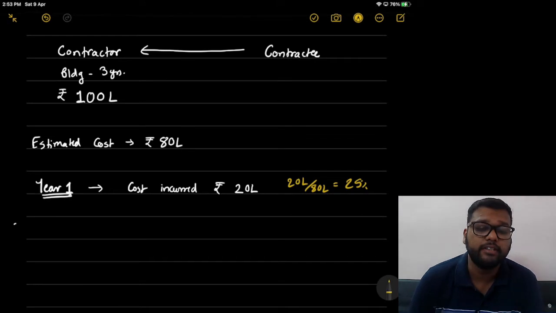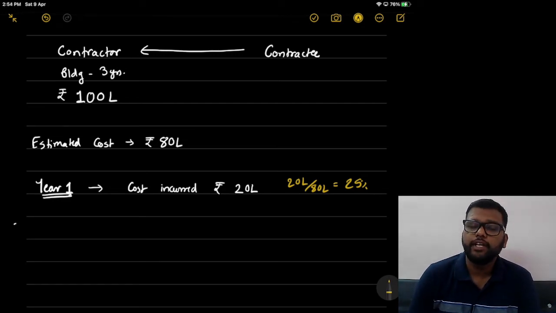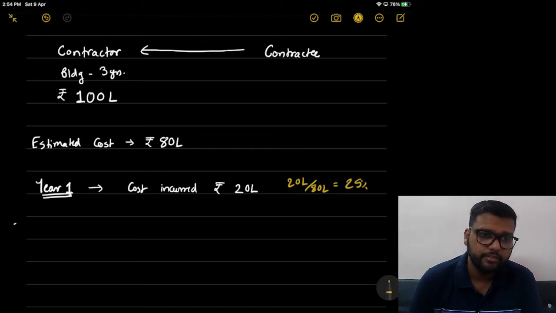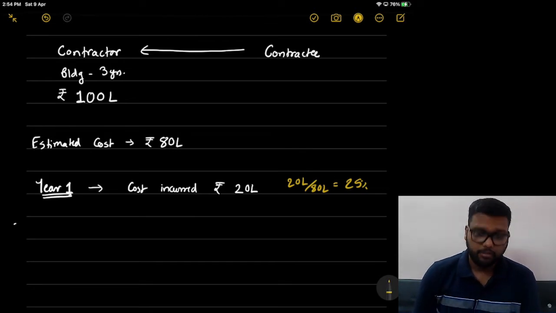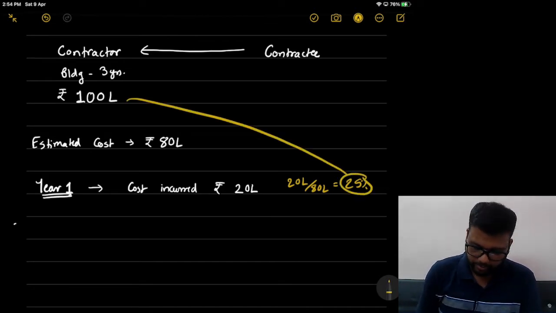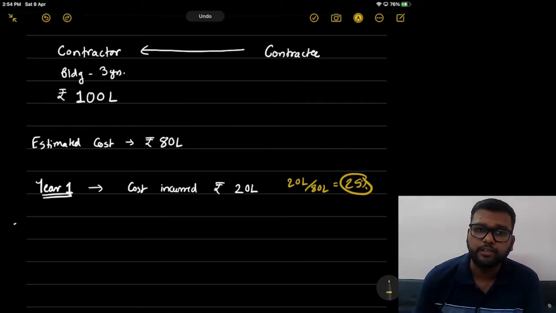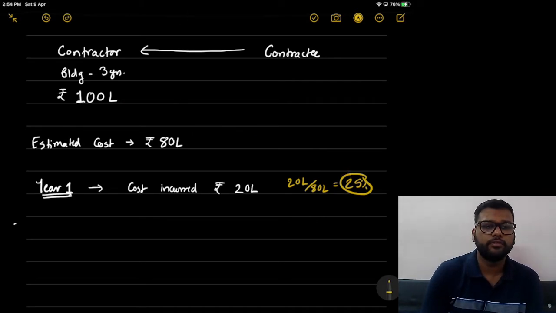So ideally, from that contractee we should get how much amount after the end of the first year? 25 lakhs, do you agree? Correct, because 25% we have completed, so 25% of 100 lakhs we should get ideally.